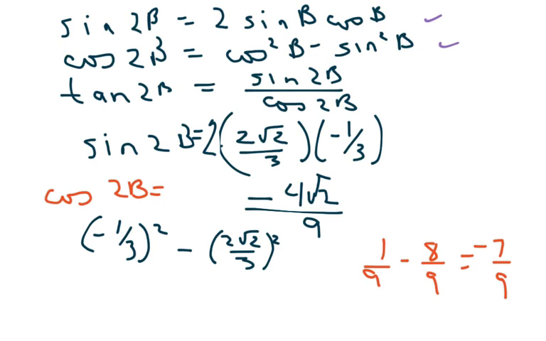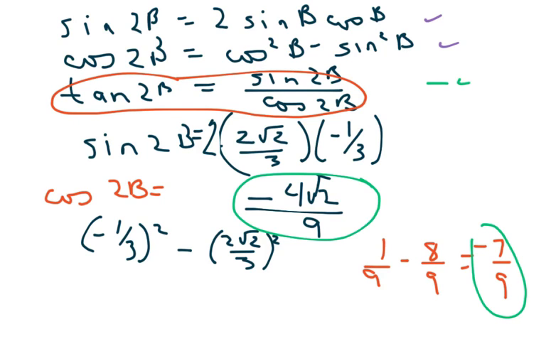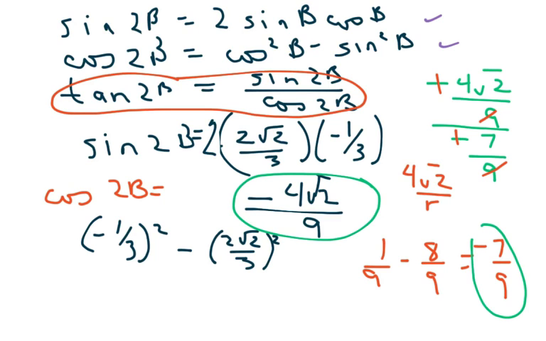And in order to get tan of 2 beta, I'm just going to take these two values and divide them. -4 root 2 over 9 over -7 over 9. The 9's cancel. These will turn into positive, so you get 4 root 2 over 7. And this goes with the tan of 2 beta.